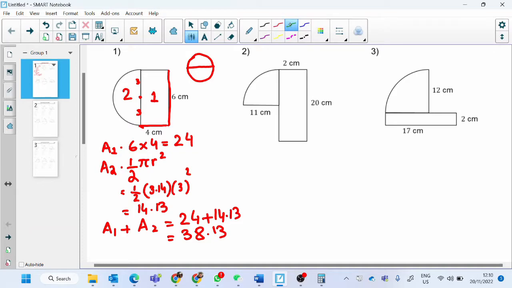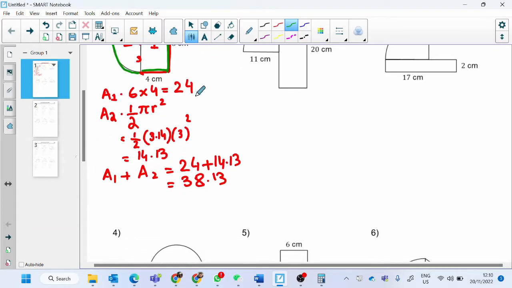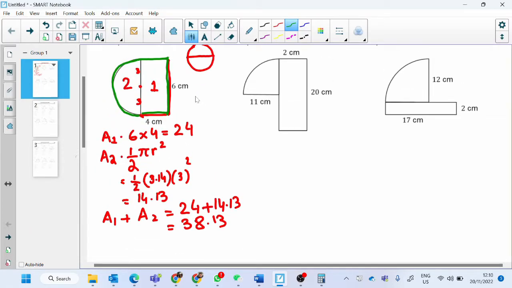Now we calculate the perimeter. Perimeter means all sides around this shape. So it's this length, this one, and this whole arc. This would be the perimeter. If this is 4, that means this is 4.